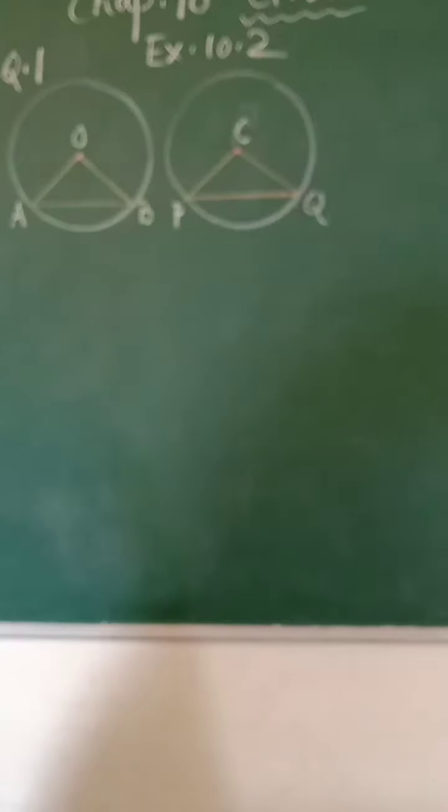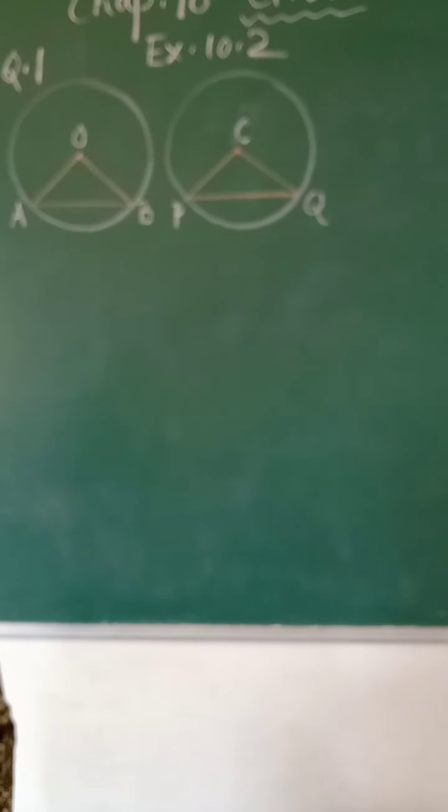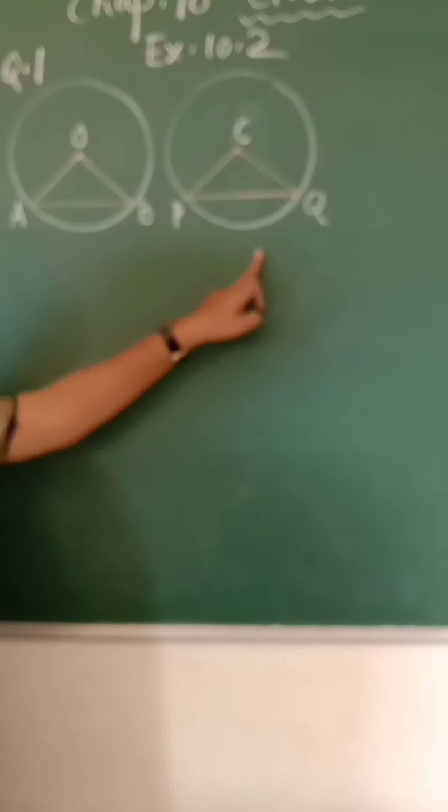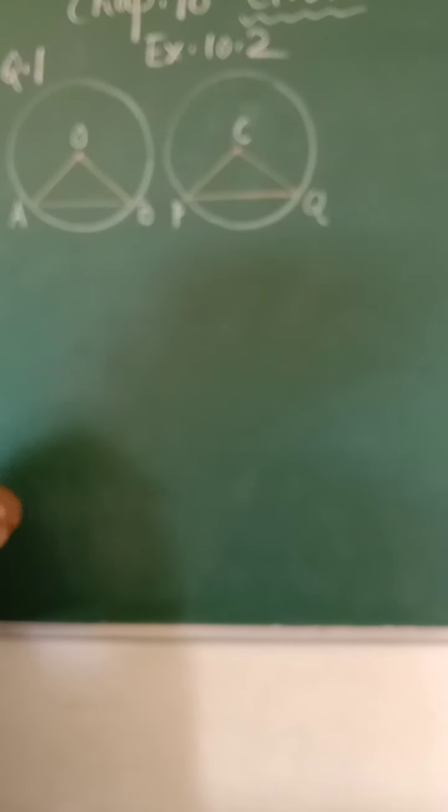Now here we have to prove the statement that equal chords of congruent circles subtend equal angles at their centers. Here we know one concept about congruent circles: two circles are congruent if their radii are the same.